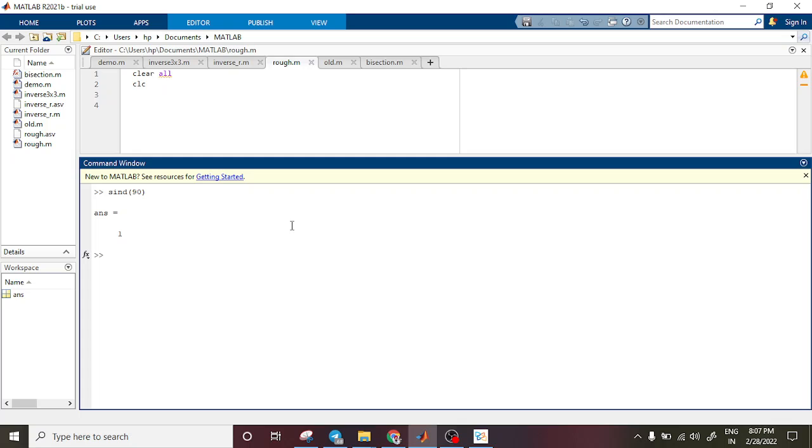Next is the inverse sine. Use a for inverse, asin of 1. So this is the answer, asin of 1. We know that sine 1 is at 90 degrees, right?